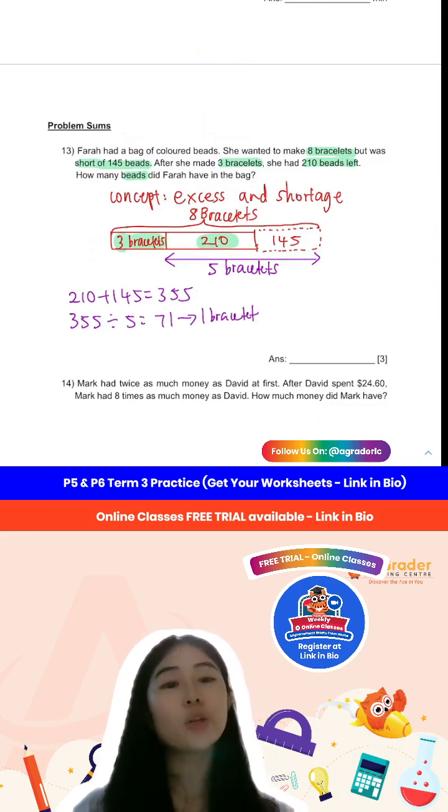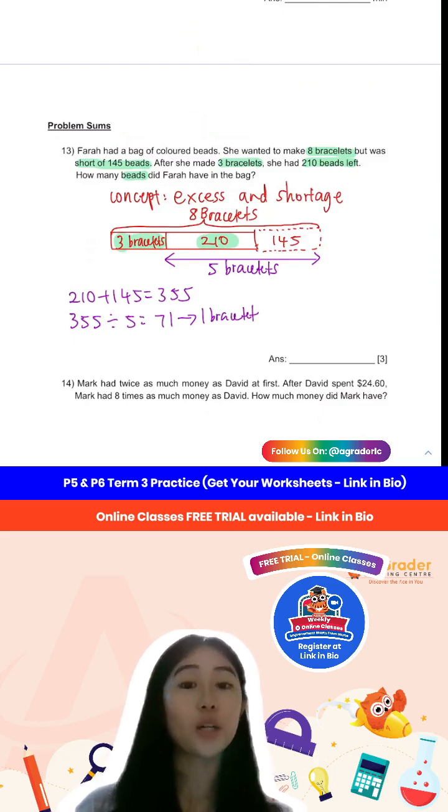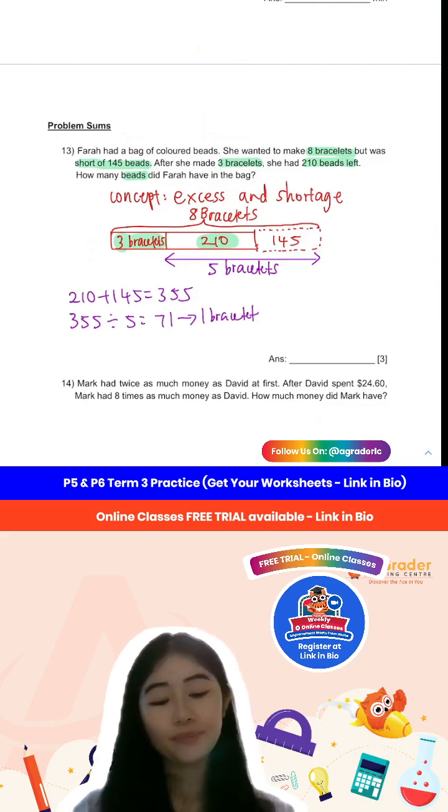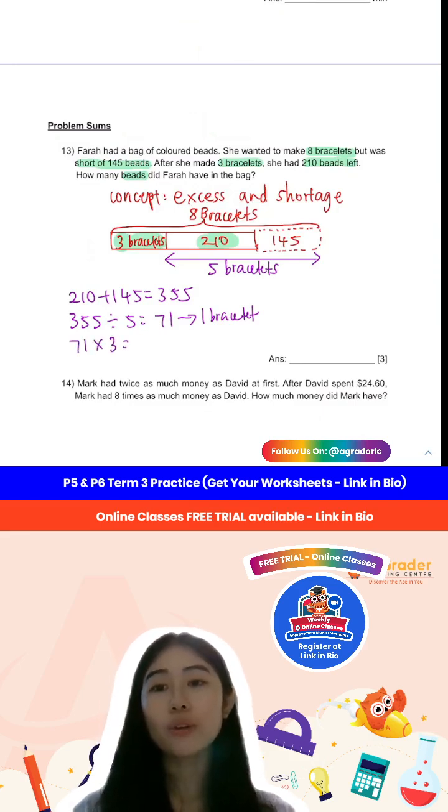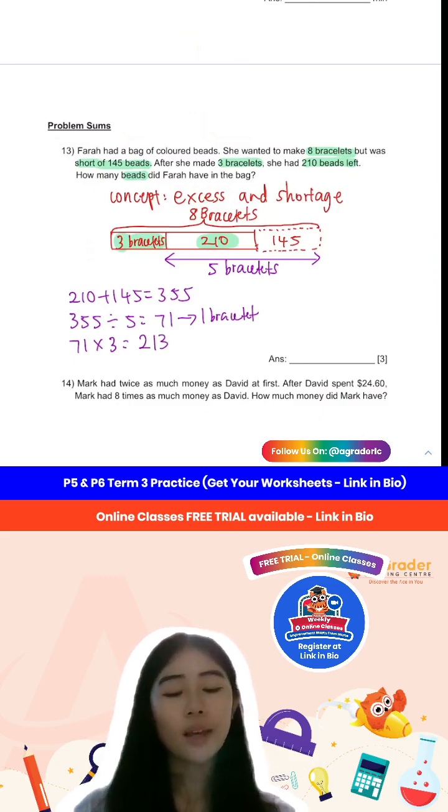So let's find 3 bracelets first, then we add the 210 that she has left. So this will be 71 times 3 to find 3 bracelets, and then you just need to add the 210 that she has left over. That's how you get the final answer, 423.